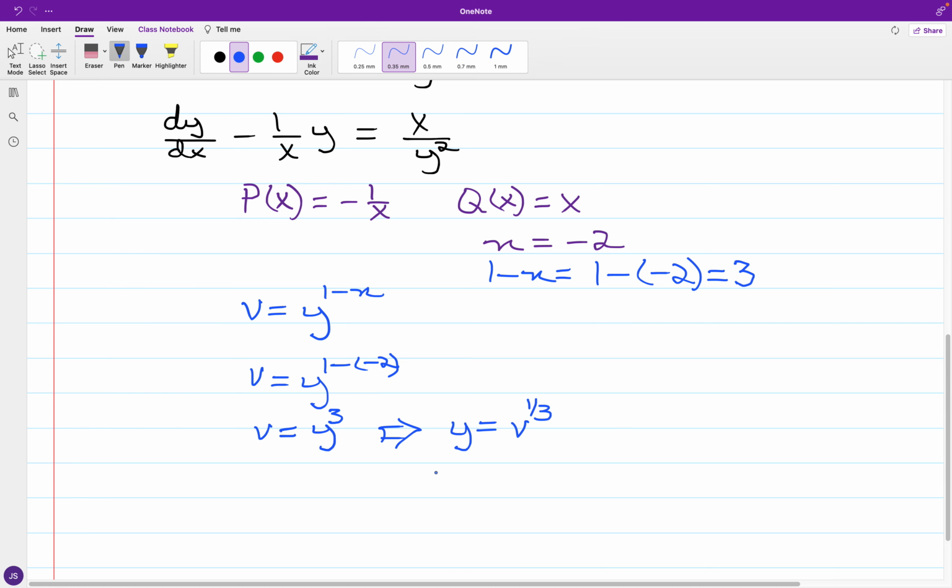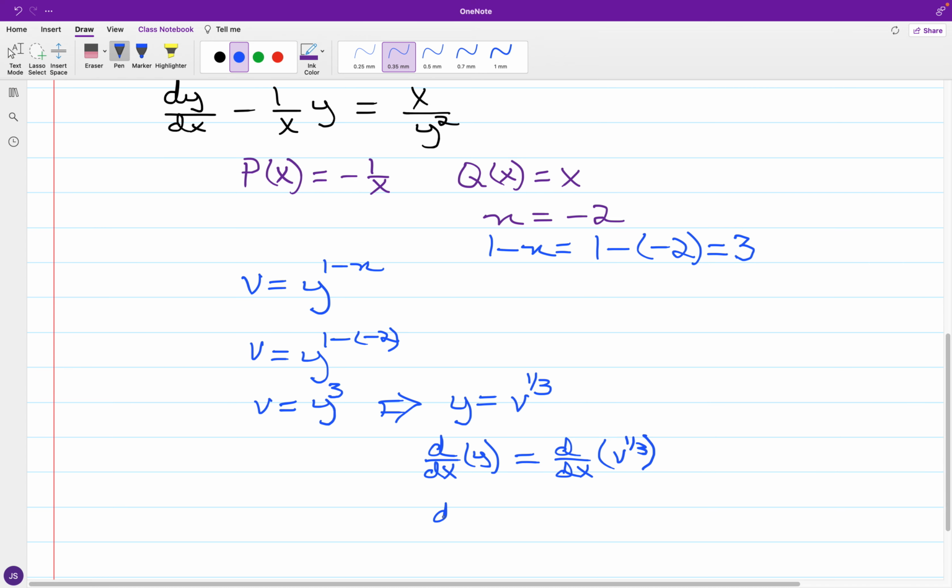For this relation, if I take the derivative in x of both sides, on the left-hand side we have dy over dx, and that is going to be equal to 1/3 of v to the negative 2/3, taking the derivative in x of our expression.